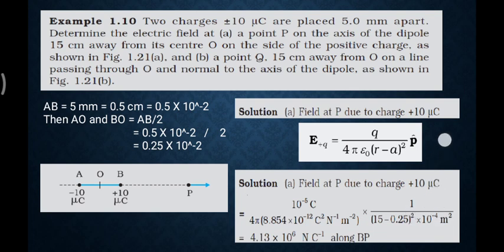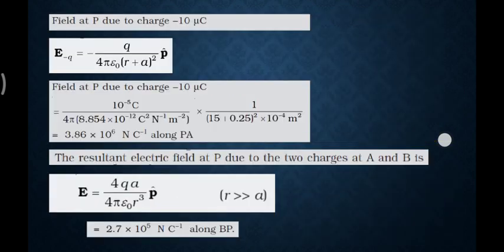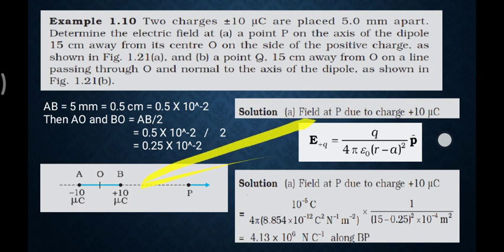If you do the calculation in a calculator, you will get 4.13 into 10 to the power minus 6 newton per coulomb along the BP line. Because it is a positive charge, it is always radially outward, so along the BP line you will get this much electric field at point P due to the plus 10 microcoulomb charge.